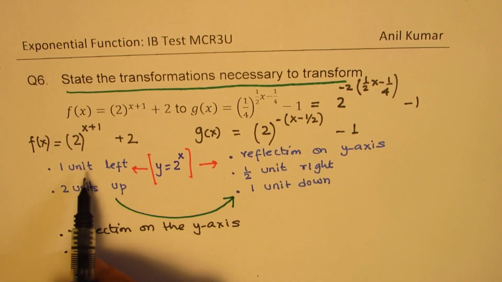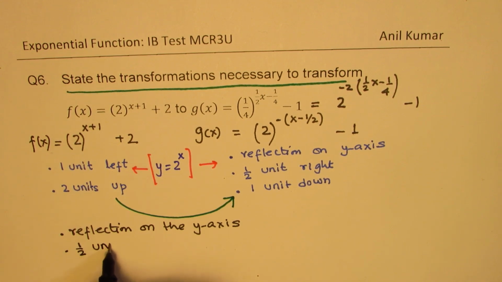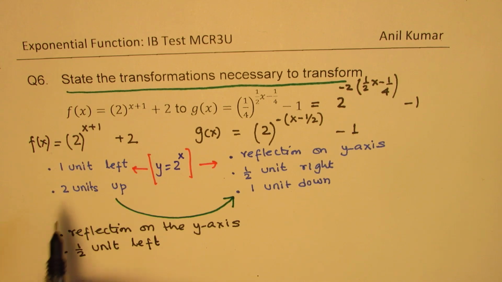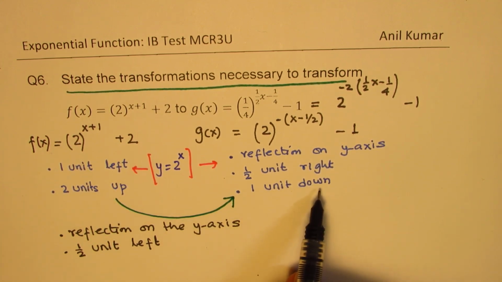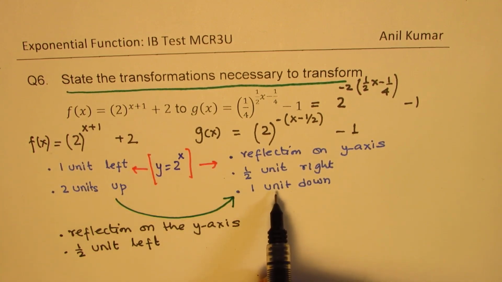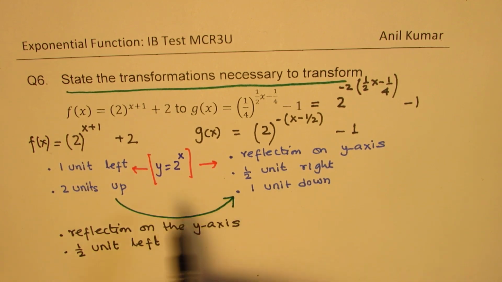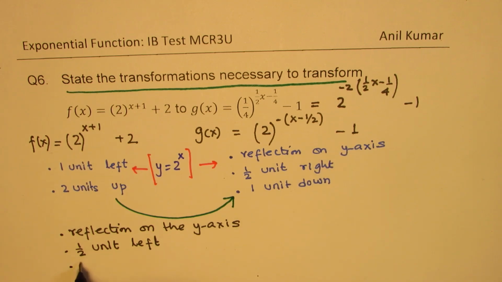So effectively, if you add these up, you are left with half unit left. Up and down: you've gone 2 units up, and now you're saying go 1 unit down. So you're 2 up, and this is your final result, 1 unit down. So from 2 up to getting to this place, you have to go 3 down.